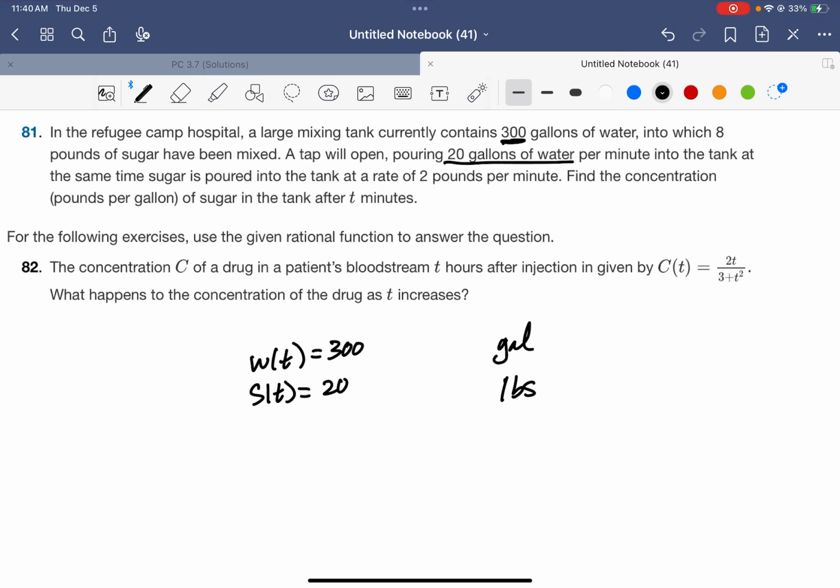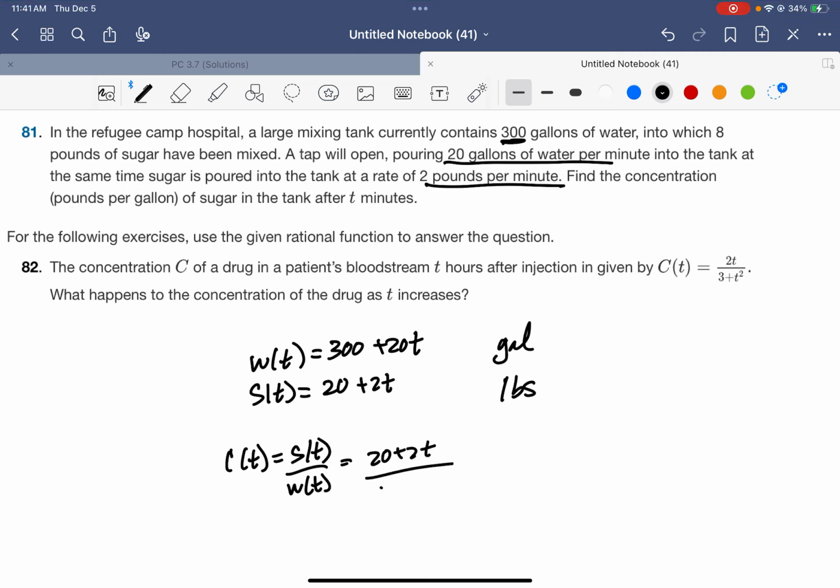Tap is open and 20 gallons per minute of water is introduced, and 2 pounds per minute of sugar is added. Find the concentration after t minutes. Well, the concentration is just the amount of sugar divided by the amount of water. So it's going to be, what? 20 plus 2t divided by 300 plus 20t.